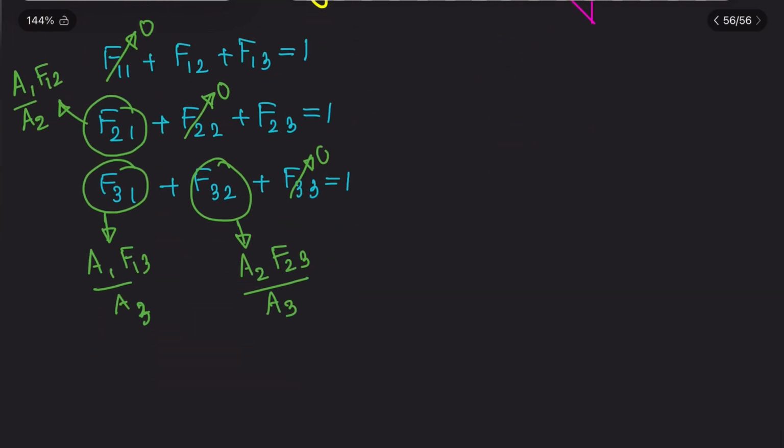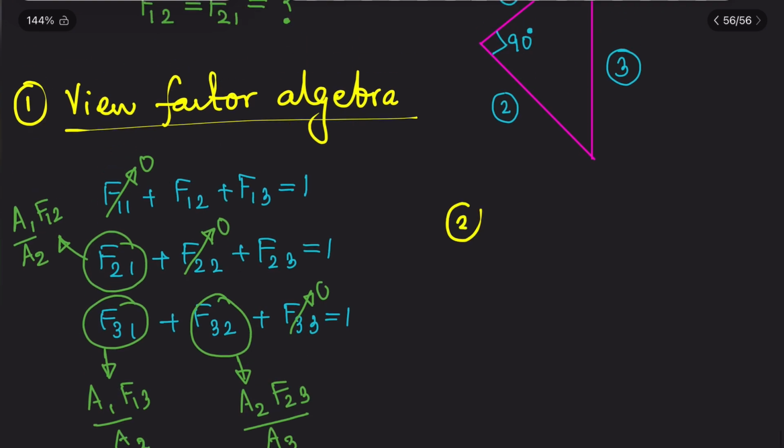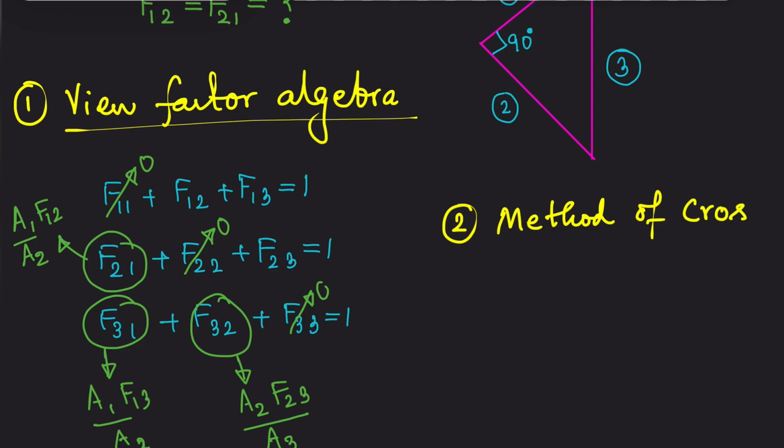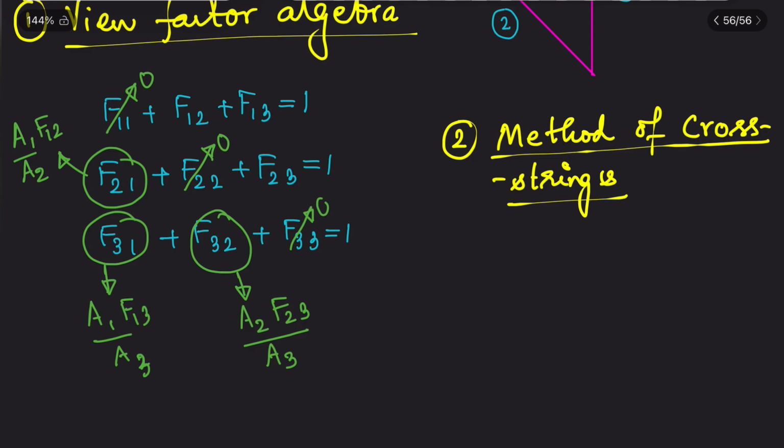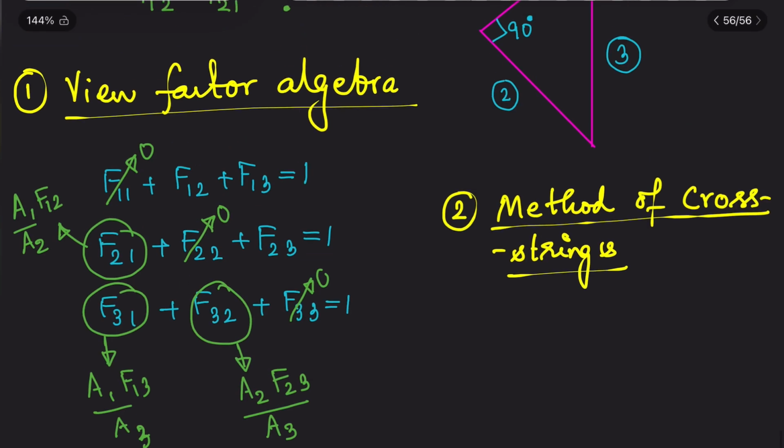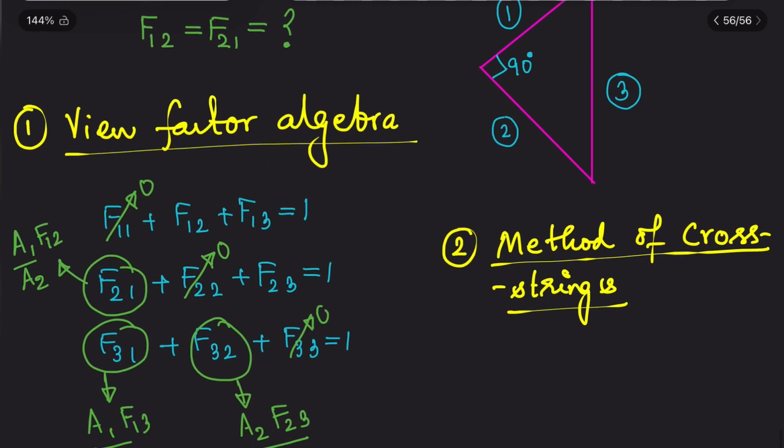Okay, now the second approach is the method of cross strings. So what does it say?